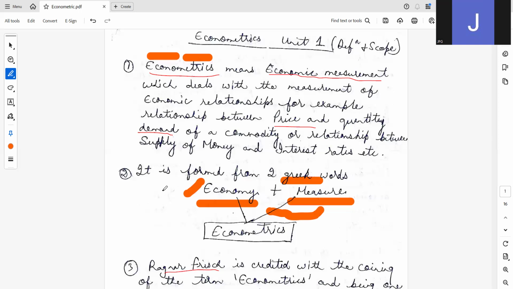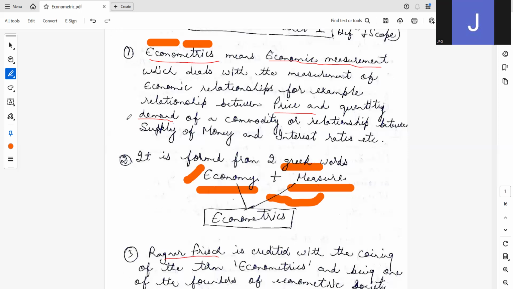Though there is no perfect yardstick to measure the relationship between human beings, when it comes to measuring the economic relationship, yes, of course, there are ways by which we can measure it. And how do we measure that economic relationship? It can be measured by the study of econometrics.